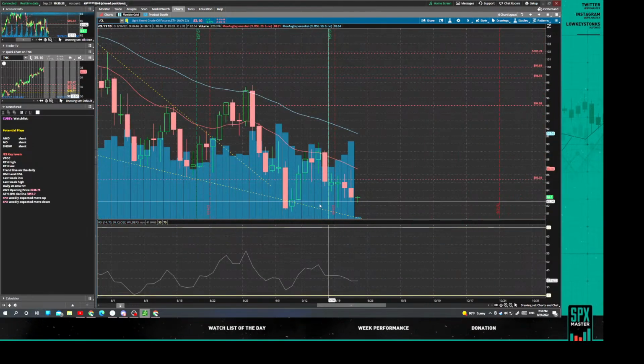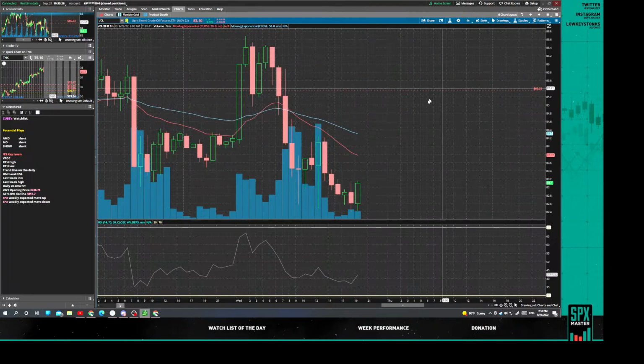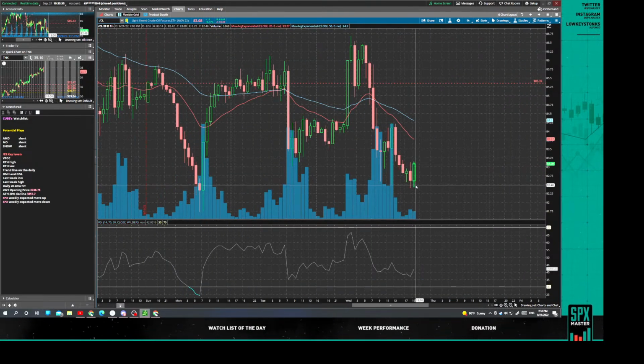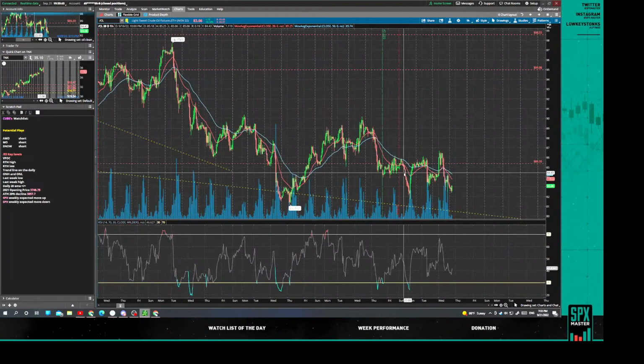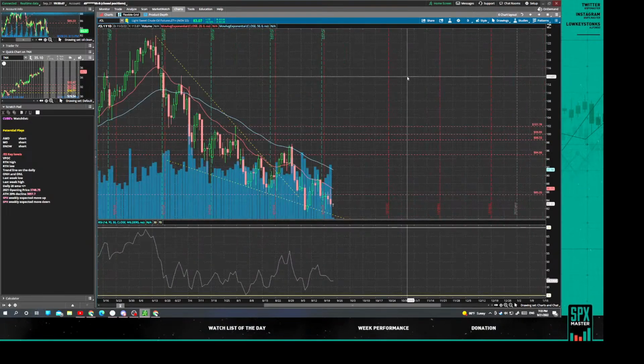It's not bullish, but it's potentially bottoming. All right, potential bottom on oil. I've been looking into this, guys, because I may like it.